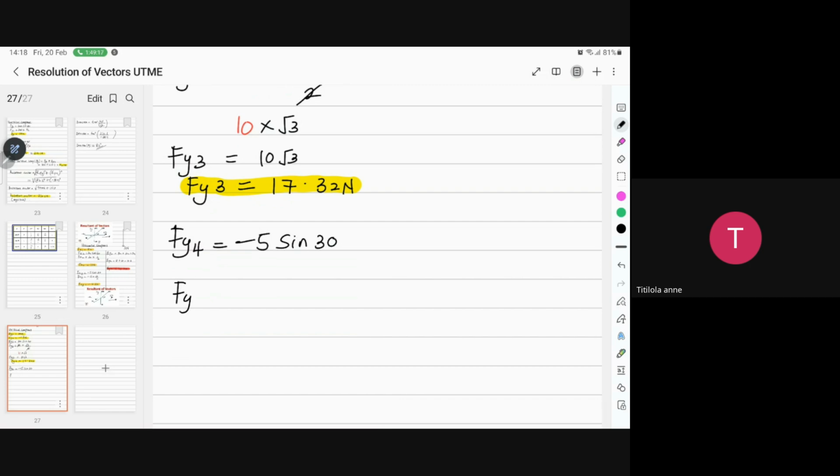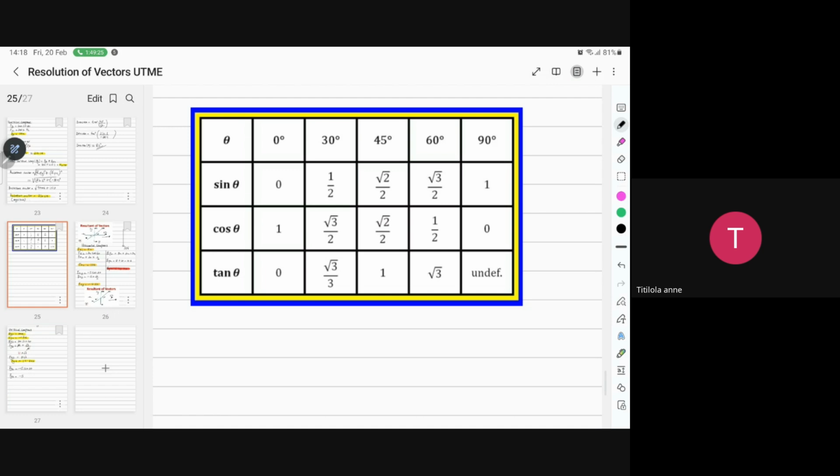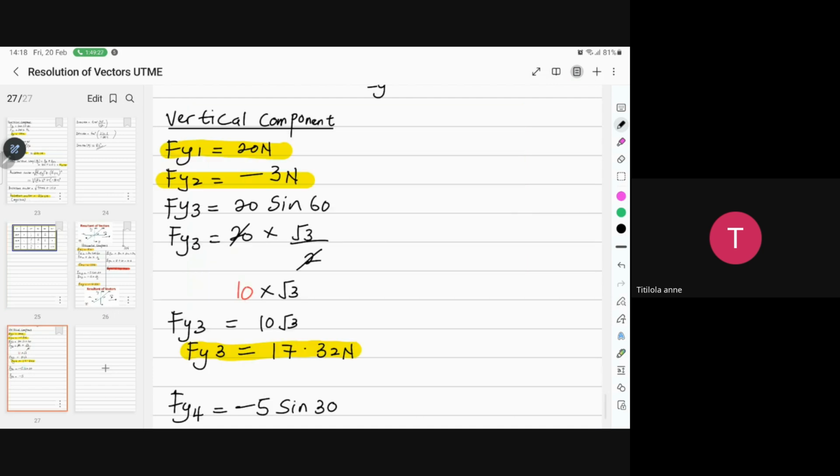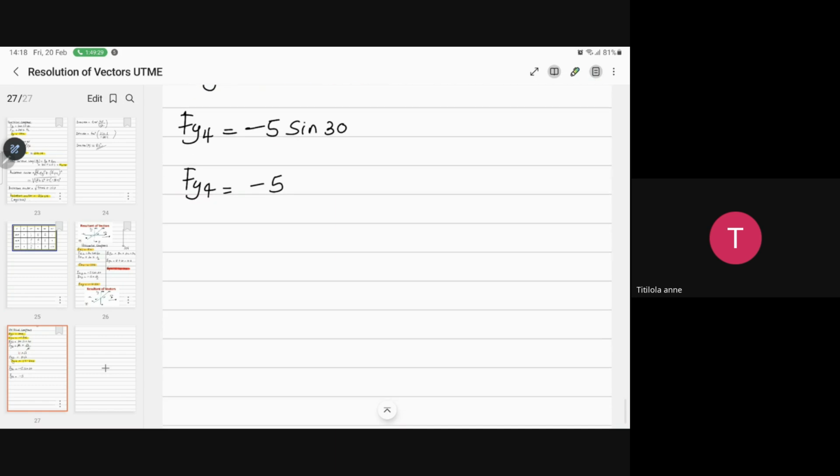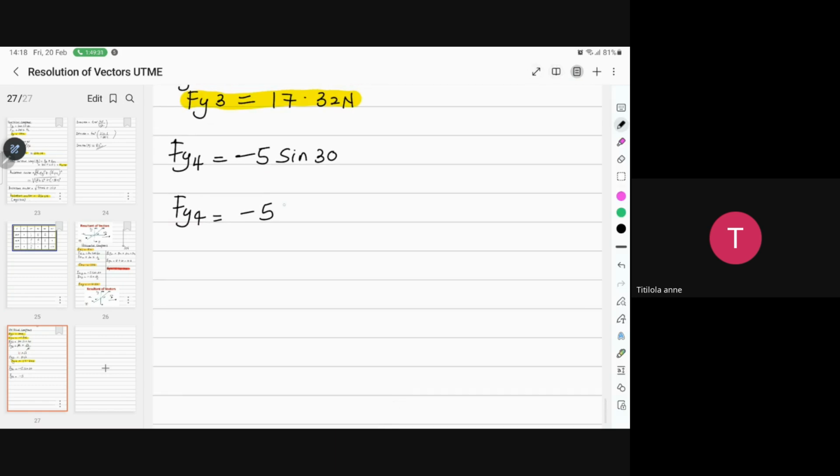From our special angles, sine 30 is 1/2. So minus 5 times 1/2 should give us minus 2.5. So Fy4 is equal to minus 2.5 Newton.